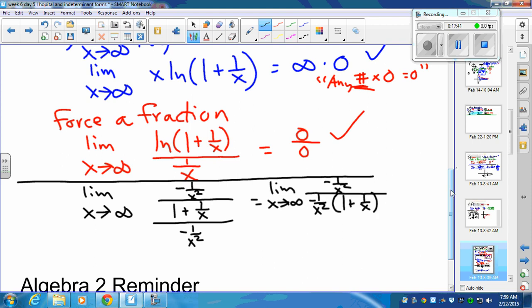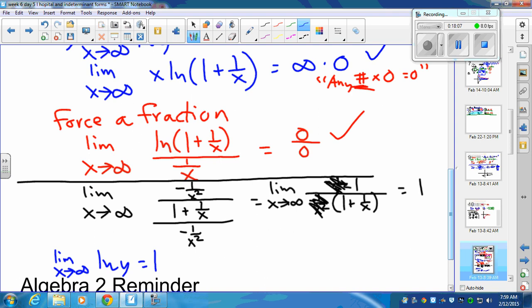And what is nice here is those cancel out. So I have a 1 on top here, and I'm getting 1 over 1, which is 1. Now, remember, what did we just solve? We just found the limit as x goes to infinity of ln of y equals 1, which is kind of funny.